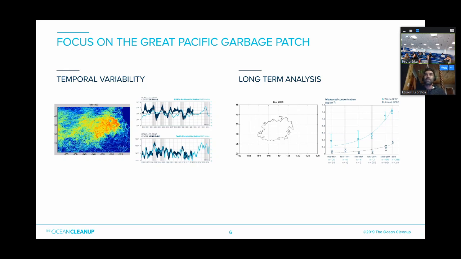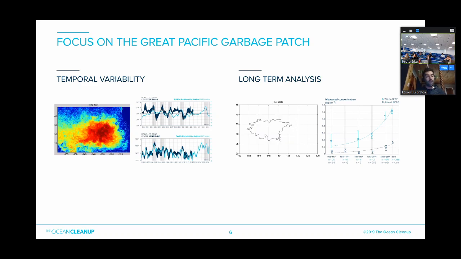Even though it sounds trivial, in 1950 there was no plastic at the surface of the ocean, and now there's a lot of it. So obviously there's an accumulation, but if you look at the concentration over time for all the different samples taken for the whole North Pacific, you see that the overall trend is not increasing that much.